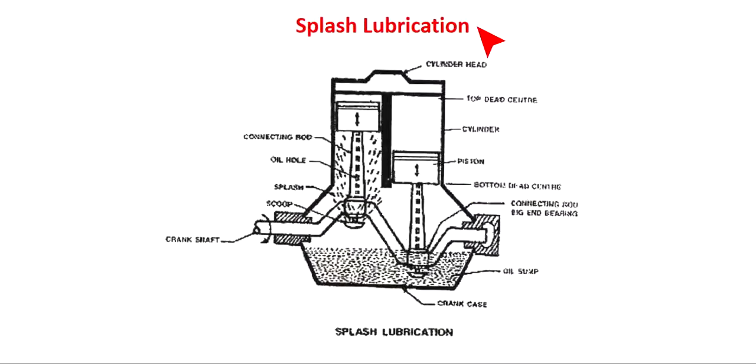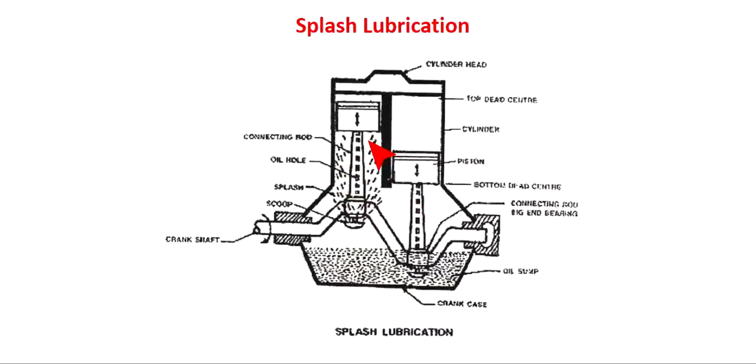Now sometimes we use splash lubrication in an IC engine. What is that? You see this figure: this is the crankshaft, this is the connecting rod. The small end of the connecting rod is connected to the piston and the big end is here, and there is a scoop here. When the engine rotates, the scoop dips into the oil sump and gets filled, and after that when it moves up, it throws the oil so that the inner surface of the cylinder is lubricated.